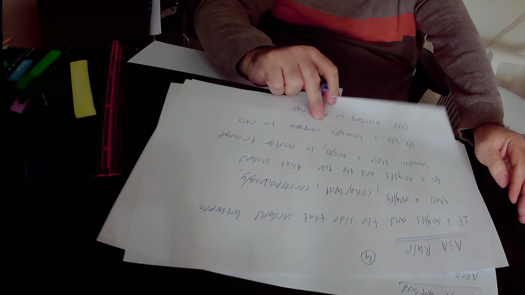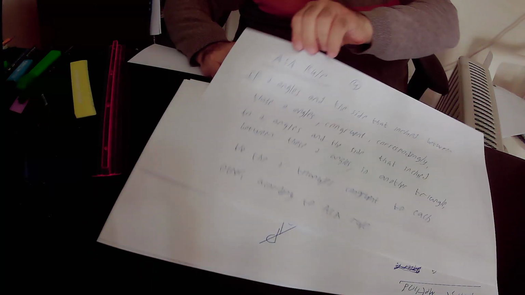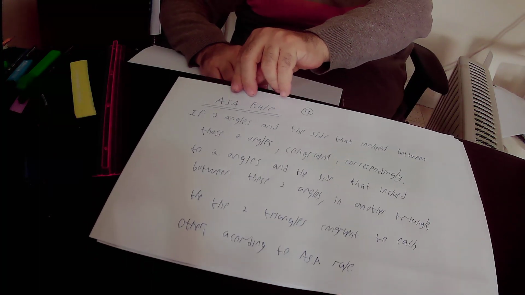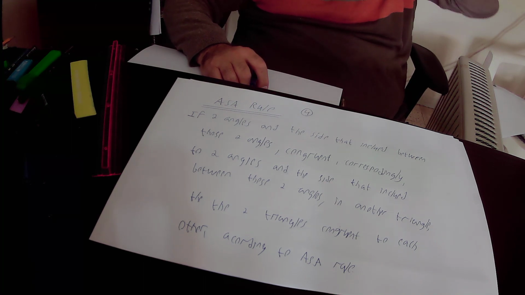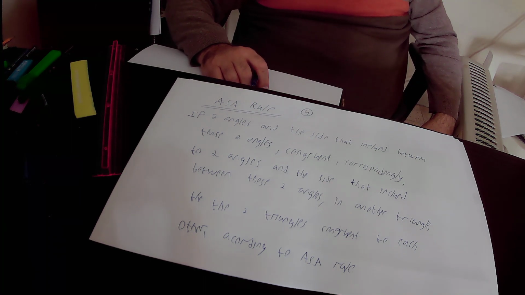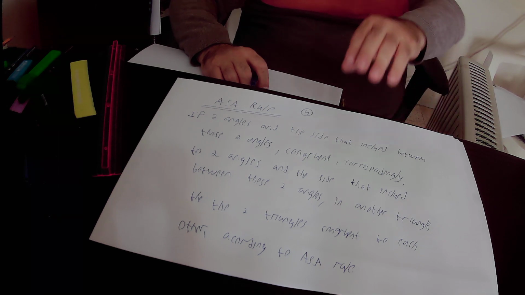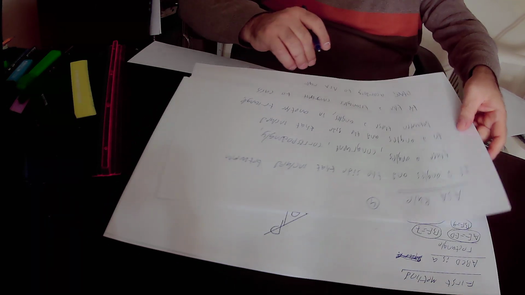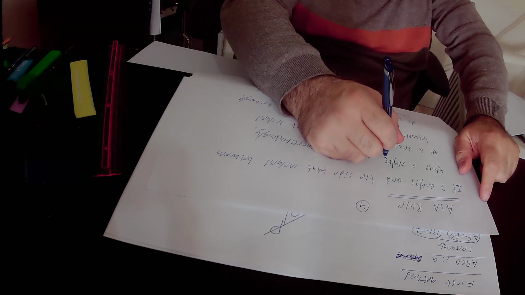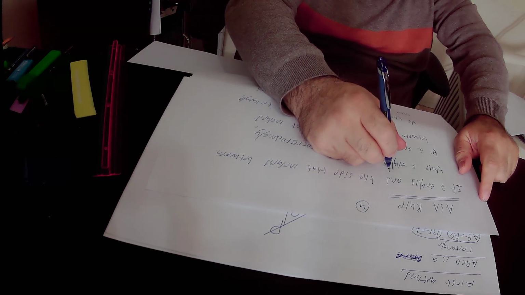So I'll read the rule again. According to the angle, side, angle rule, if two angles and the side that is included between those two angles, I should add, in one triangle.